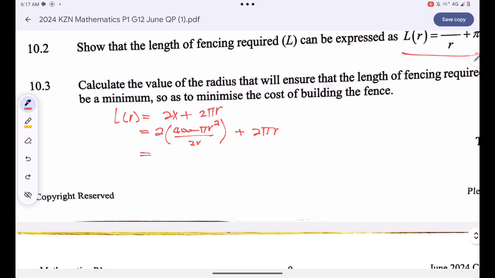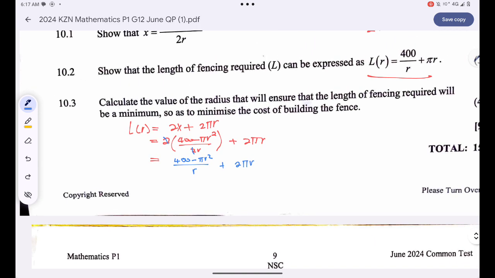Okay, so this will simply give me, I know that these two will just cancel one another. I'll be left with 400 minus pi r squared all over r plus 2 pi r, right?